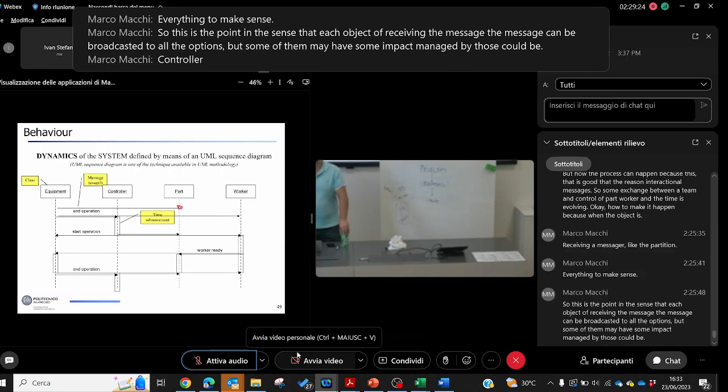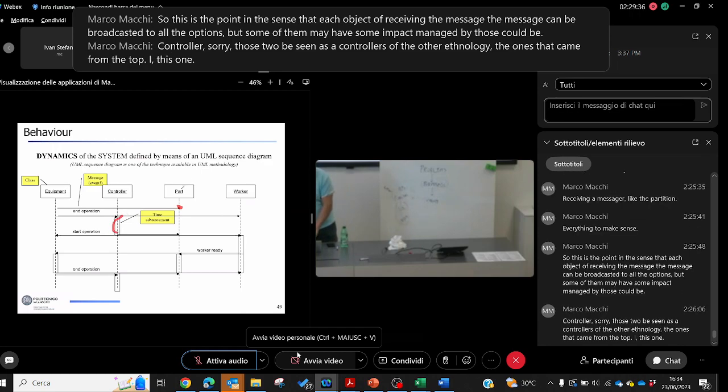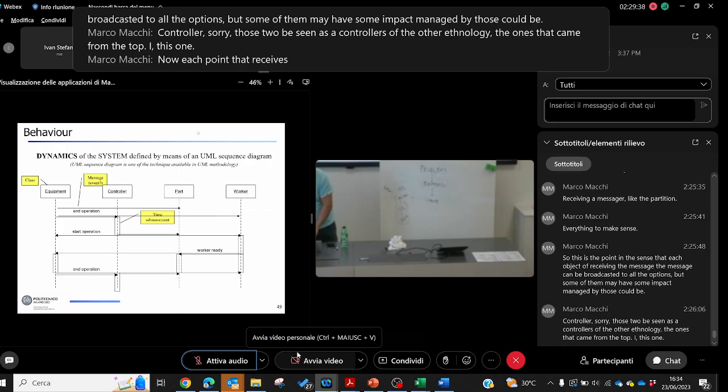Those could be seen as the controllers of the other methodology, the ones that came from the top. This is just the destination, the receiver point.